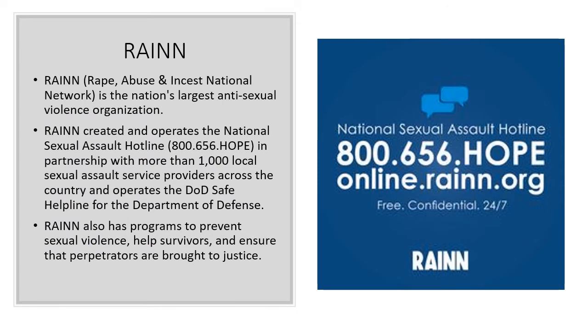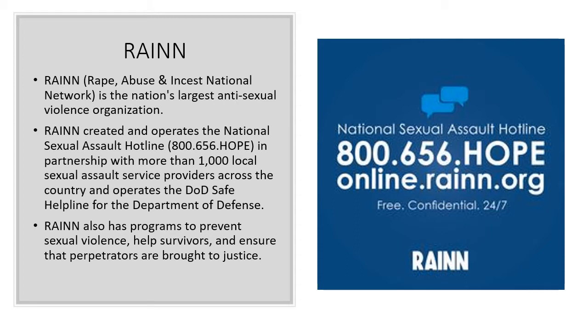Now, I just mentioned RAIN. A lot of what I will be presenting in this presentation, in part 1 and in part 2, comes from the Rape, Abuse, and Incest National Network. I use a lot of their resources when I talk about these issues with college students because it's a fairly comprehensive site.